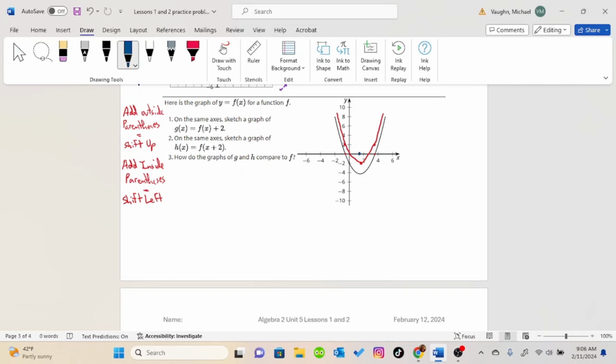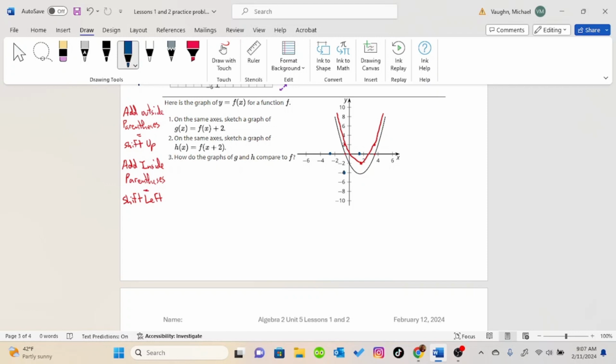My other x-intercept that comes just before 0 needs to shift 2 to the left and come just before -2. And then my vertex that is just before 2 needs to shift over and come just before 0.